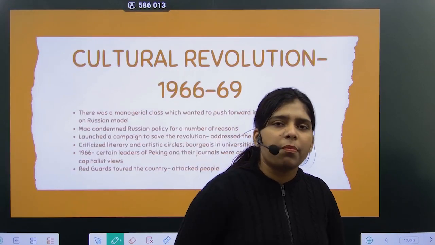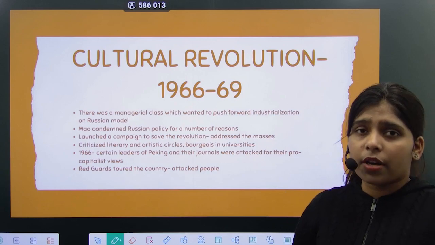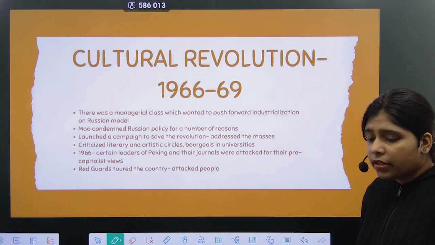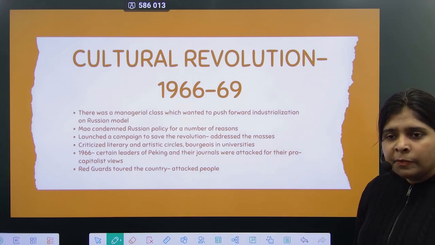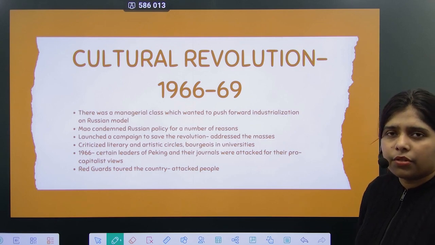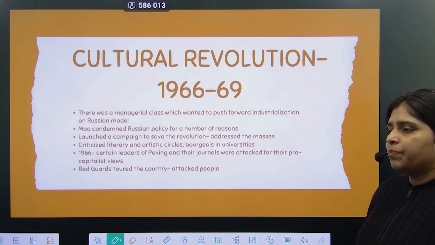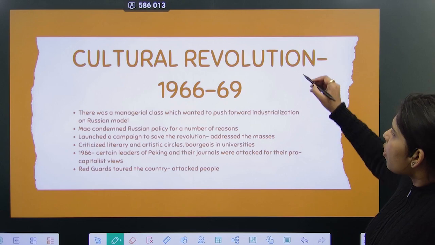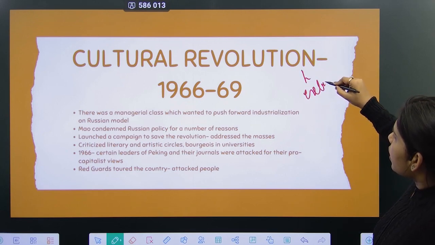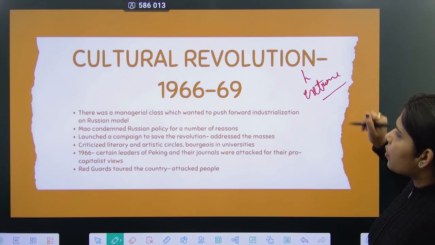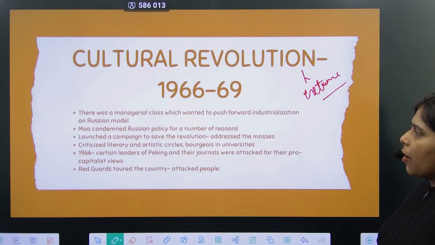Another policy brought by him, or not policy, another reform brought by him was the Cultural Revolution. Not a reform again, but a revolution. Mao Zedong and his Cultural Revolution is said to be very extreme, by the way. So there were a lot of critiques of Mao Zedong's policies. Okay.